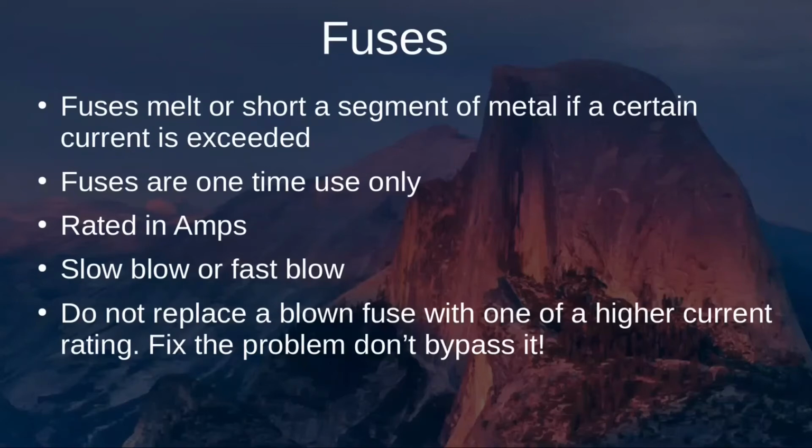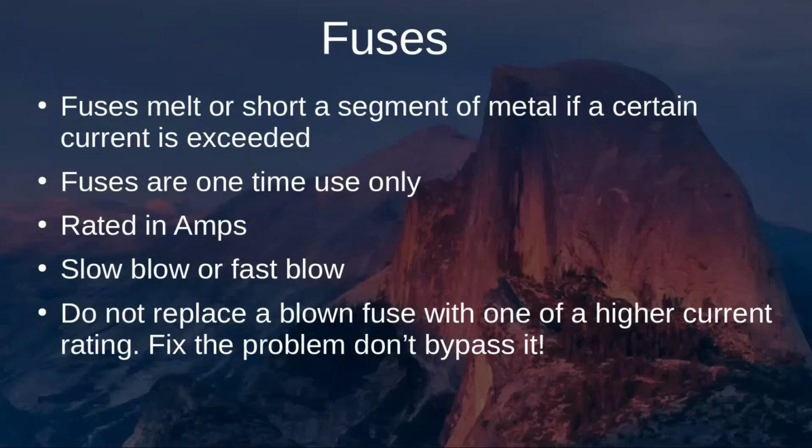There are also different types of fuses. There's the slow blow or the fast blow. With the fast blow, if you exceed the current within a circuit by any degree, that fuse will blow or activate. Slow blow allows for devices like motors, which have a very high initial peak in current draw, to let that current go back down to a smaller level and continue to run.